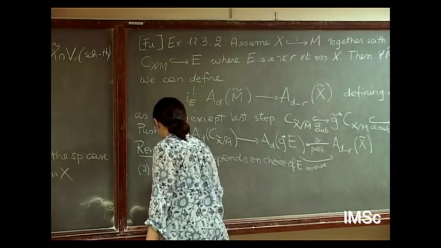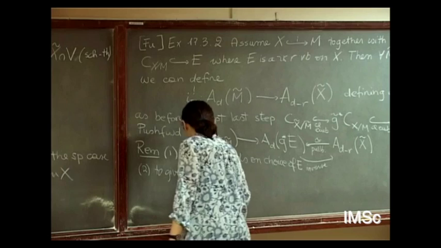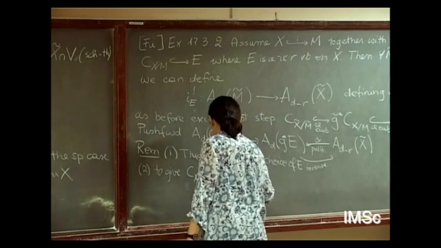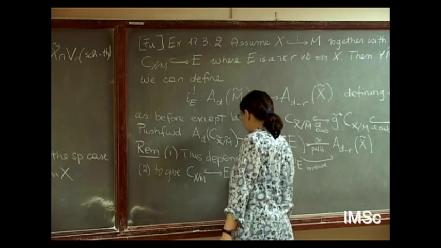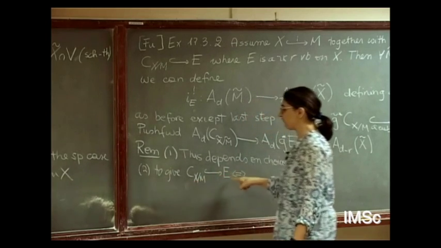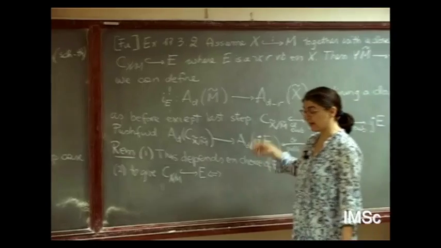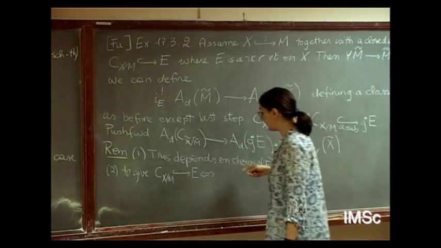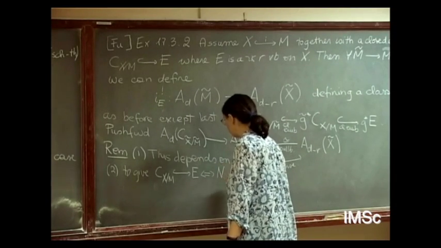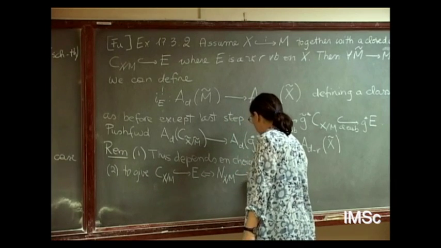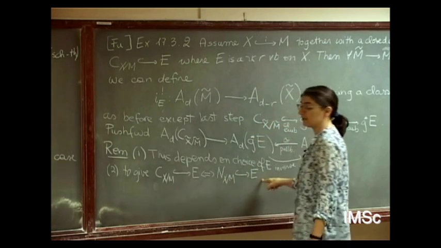So to give C_X M in E, well, remember that giving a morphism from a cone to an abelian cone, so one which is just a Spec Sym of a sheaf, is the same as to give a morphism from the associated abelian cone, and the surjectivity condition is the same.